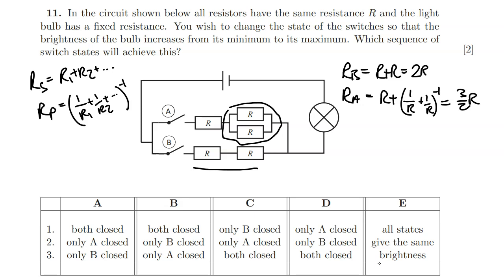Now, what about if both A and B are closed? Well, let me just redraw the circuit to make this a bit clearer for you.